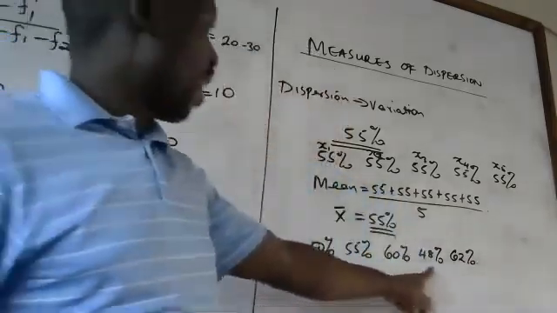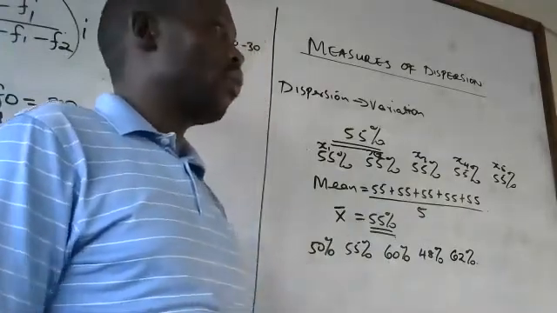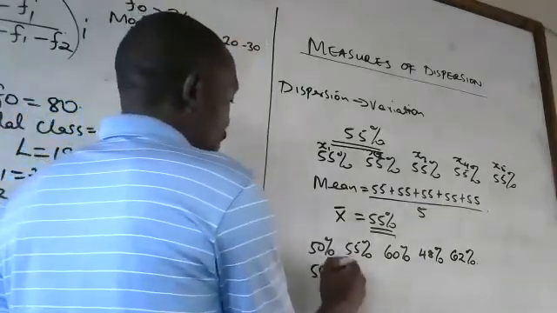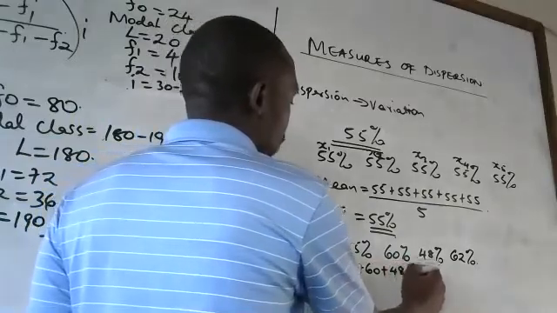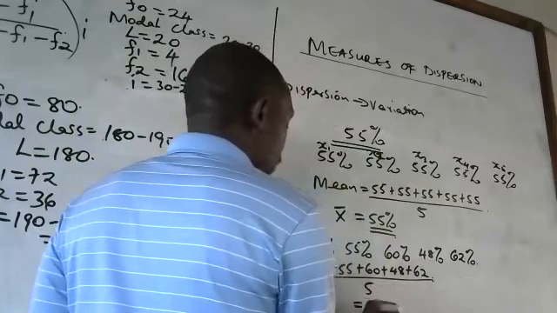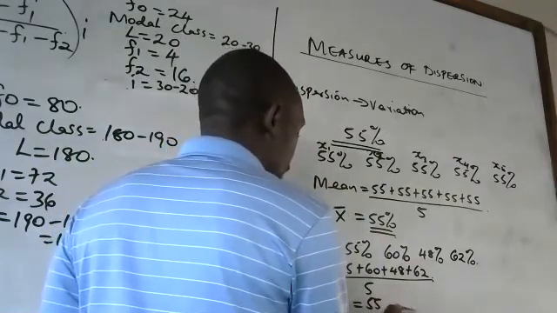If you add these values and divide by 5, you will find again that the mean score is going to be 55. If you add 50 plus 55 plus 60 plus 48 plus 62 and divide by 5, you find that x bar is equal to what? 55%.